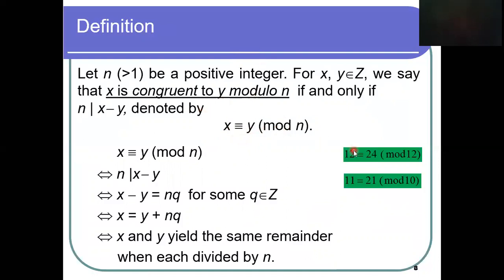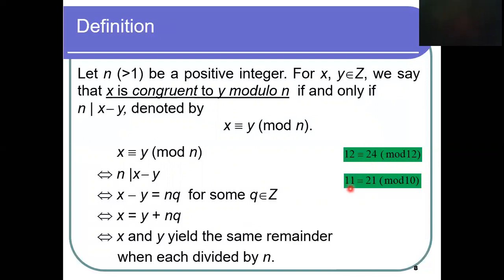Then you can say 12 is congruent to 24 modulo 12, because if you divide 12 by 12, the remainder is 0, and if you divide 24 by 12, the remainder is also 0. In that case, these two are congruent, because they share one characteristic. If you divide these two numbers by 12, they both have the same remainder.